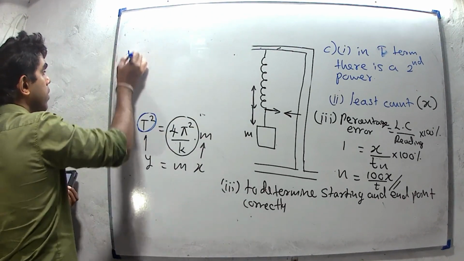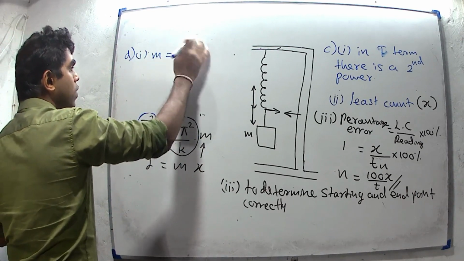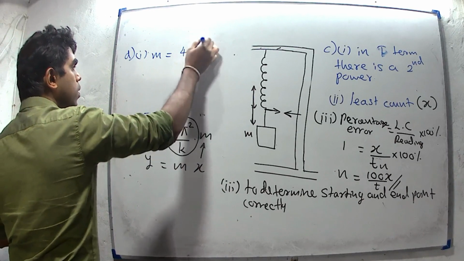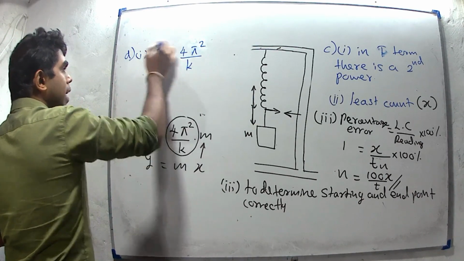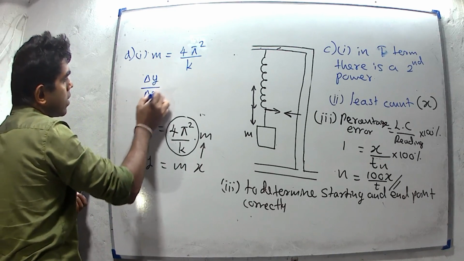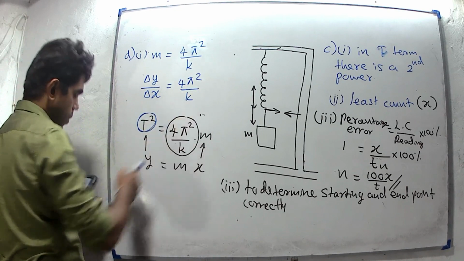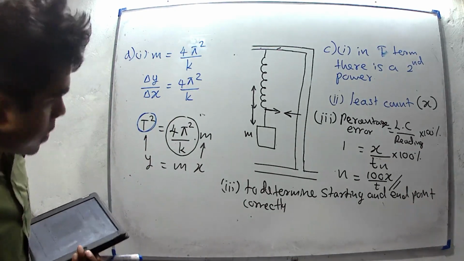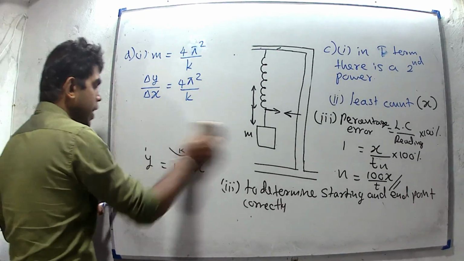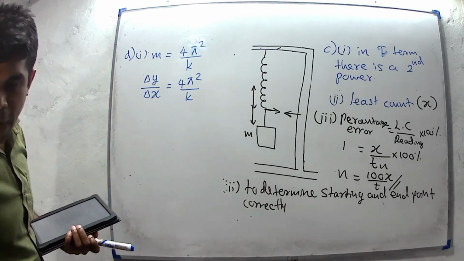D part 1. Gradient equals 4 pi squared over k. Gradient is the difference of y divided by the difference of x. 4 pi squared over k. Now I will find the gradient by using the points shown in the graph.